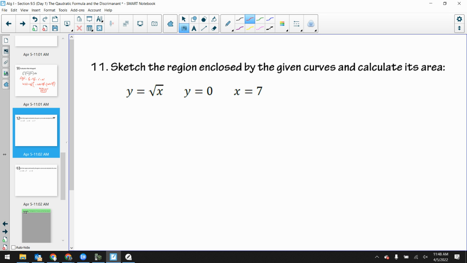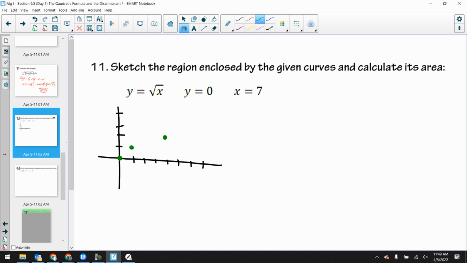Sketch the region enclosed by the given curves. Well, what is the region enclosed by the given curves? It's the square root of x. I'm going all the way out to 1, 2, 3, 4, 5, 6, 7, right? Where I have 0, 0, 1, 1, 4, 2, and then I would have 9, 3.